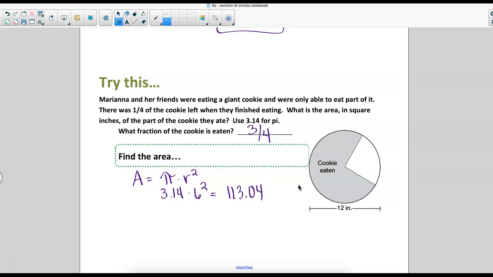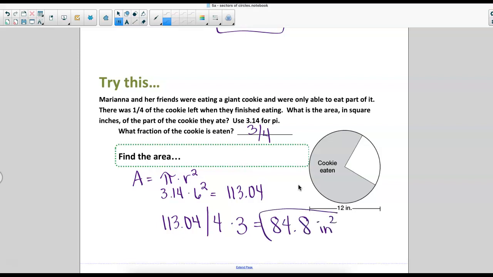How am I going to find 3/4 of that? Go ahead. Divide by 4. Yeah. 1/4 would be dividing by 4. I'm going to divide by 4 and then times by 3. So I want 113.04 divided by 4 times 3. 84.8 inches squared. Done. That is the area.